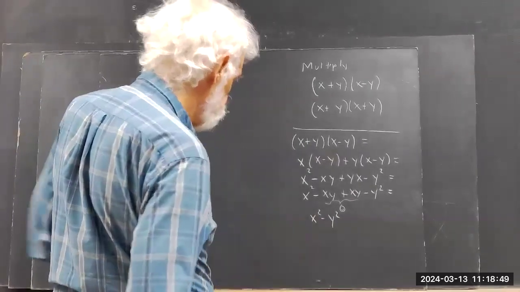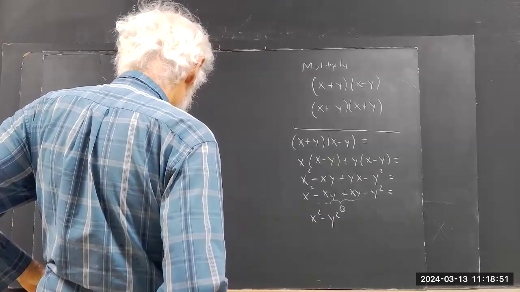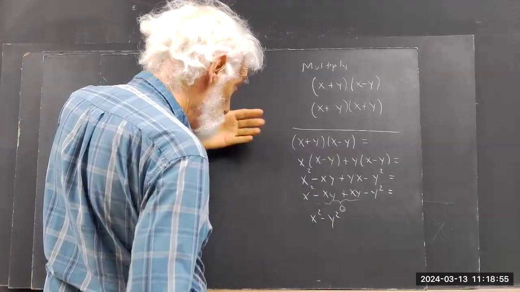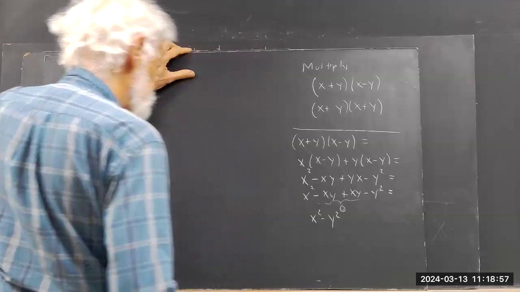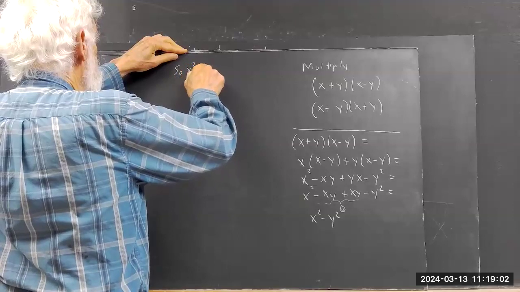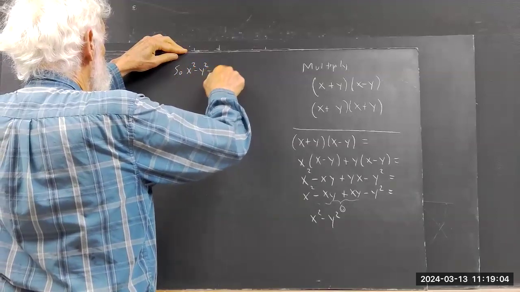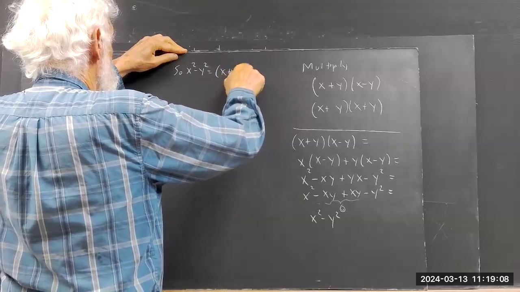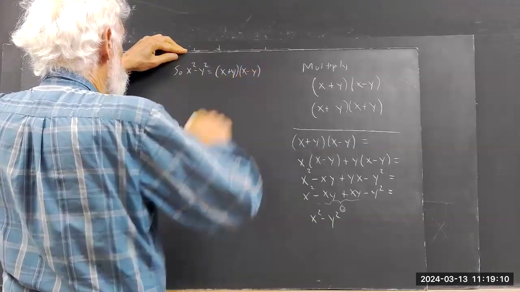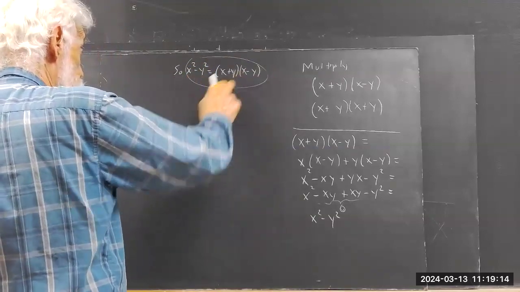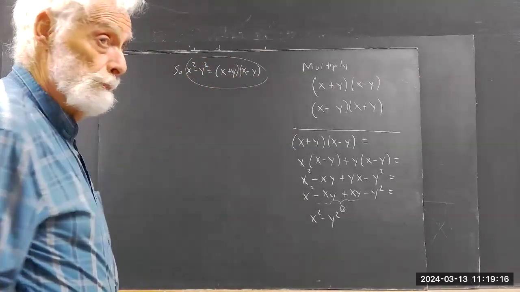Now this idea can be used backwards. You see an expression that's the difference of two squares, you can write it like this.